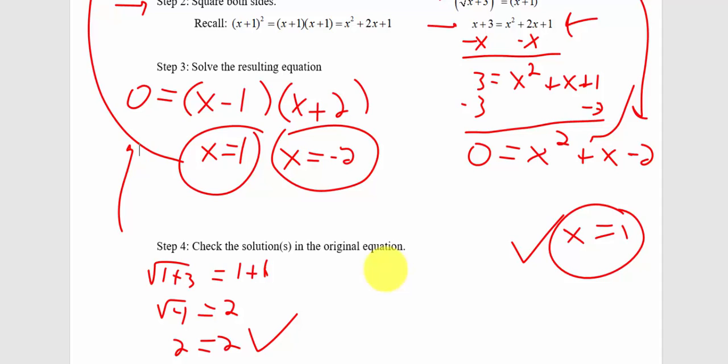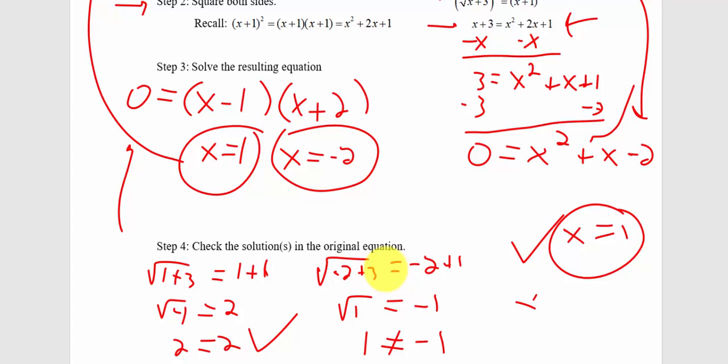So I have the square root of negative 2 plus 3, and I want to set that equal to negative 2 plus 1, and looks like we have the square root of 1 equals negative 1, and that's a problem, right? The square root of 1 is 1, and that does not equal negative 1.